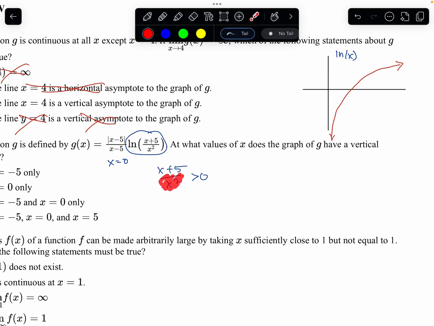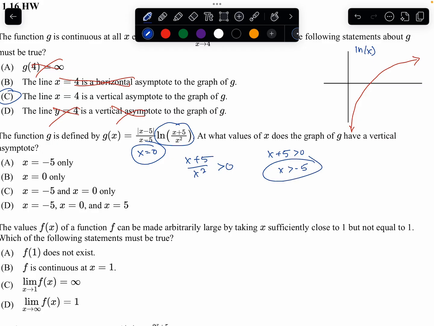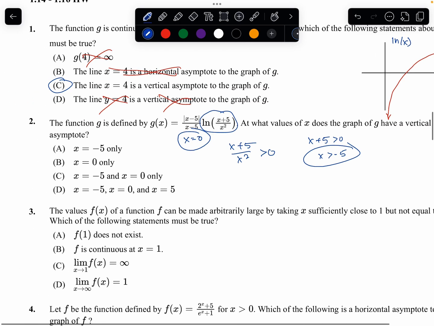But the denominator doesn't matter right here. You basically just want to check the numerator. So when does x plus 5 equal 0? That's going to be when x is negative 5. And so there should be 2 vertical asymptotes, at 0 and at negative 5. So I'm going to say it's going to be C.